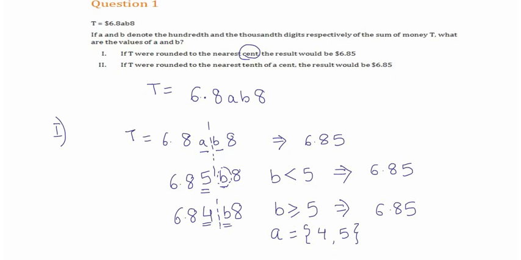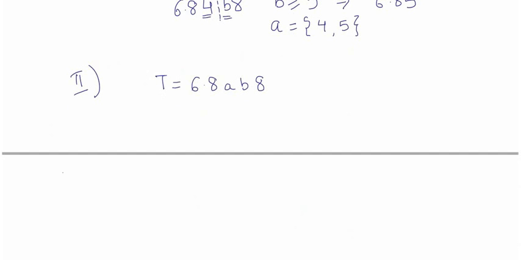Let us now read the second statement and try to figure out if we can solve it using the second statement alone. What does the second statement say? If T were rounded to the nearest tenth of a cent, the result would be 6.85. Which means, tenth of a cent is what? This is the cent. This is the tenth of a cent.